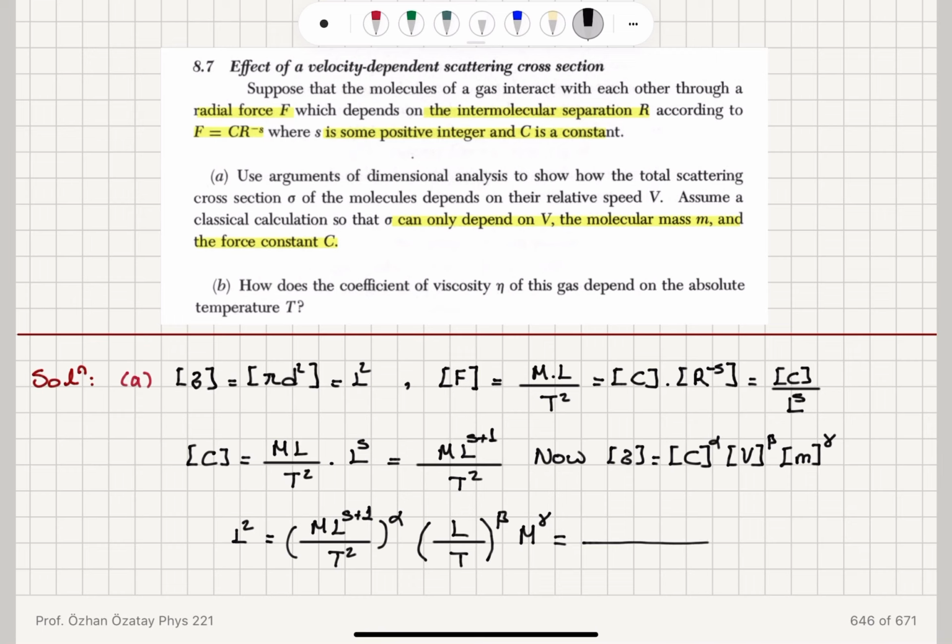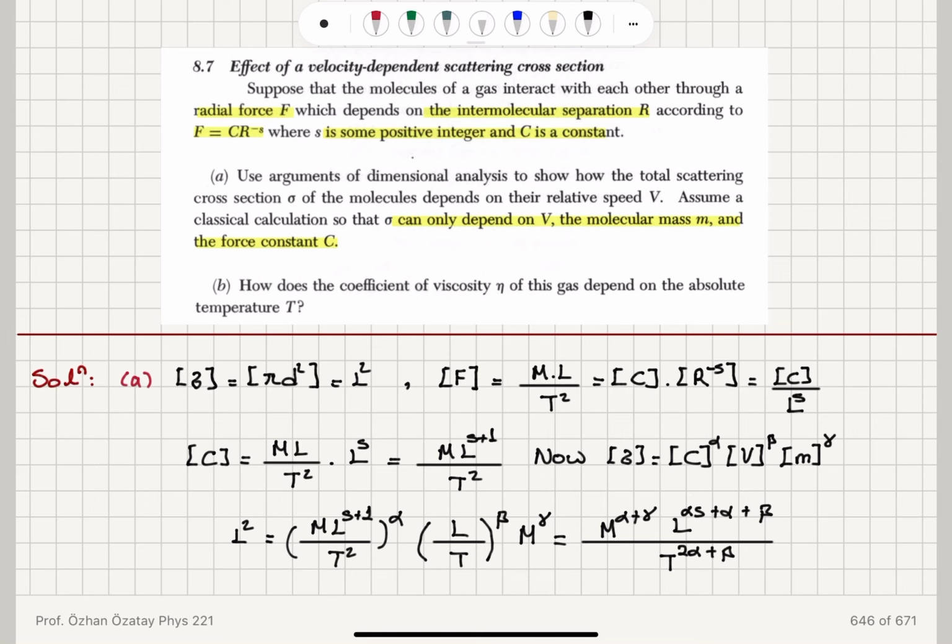Therefore, we obtain mass m to the power alpha plus gamma, length to the power alpha s plus alpha plus beta, divided by time t to the power 2 alpha plus beta. All right.